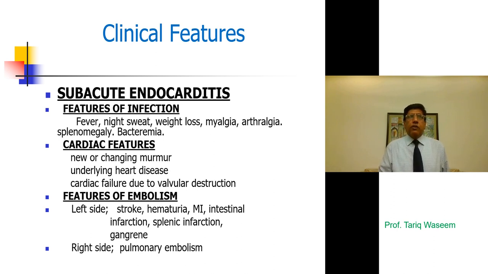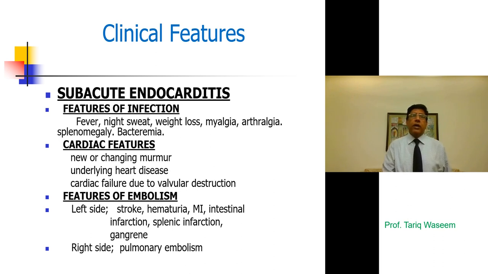There can be features of embolization. If it is left-sided endocarditis, on the valves of the left side like aortic or mitral, it would go to the systemic circulation, causing maybe a stroke, or damage to the peripheral vessels, or formation of a cold ischemic limb or gangrene, or go to the kidney and cause renal infarctions. But when it's the right side, it would go to the lung.